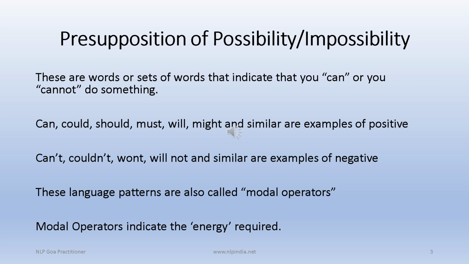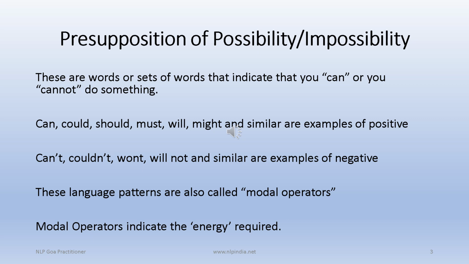So the presupposition of possibility and impossibility. These are words or sets of words that indicate that you can or you cannot do something. So whether they're positive, you can, or negative, you can't. The positive words are words like can, could, should, must, will, might, and similar. All are examples of a positive.